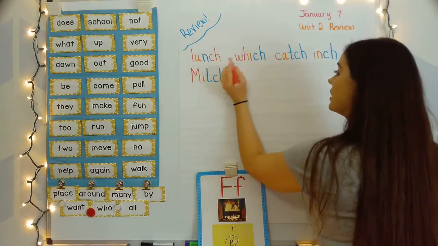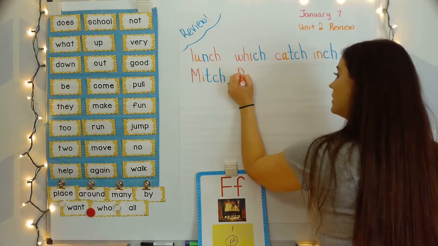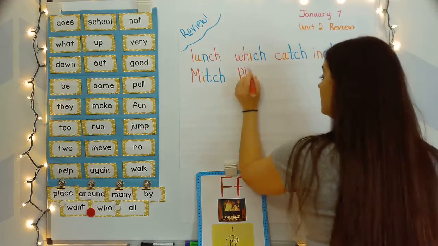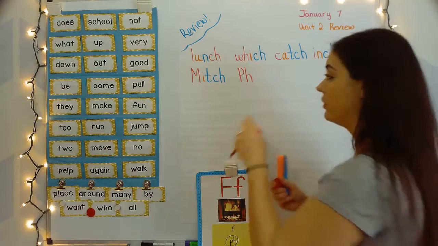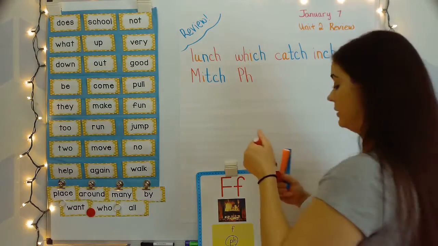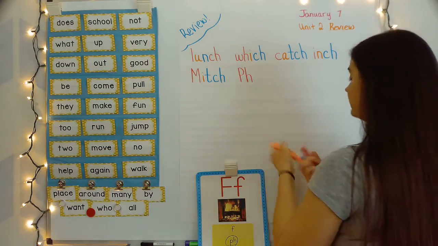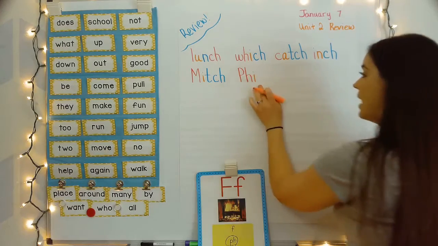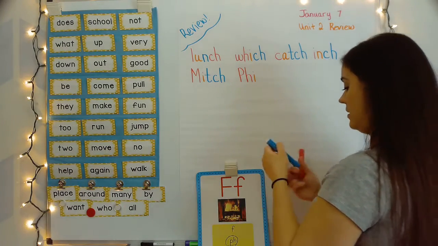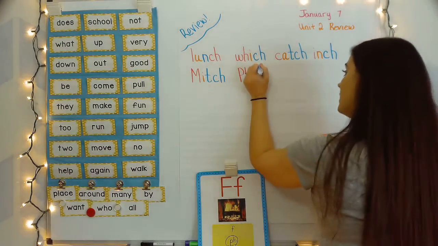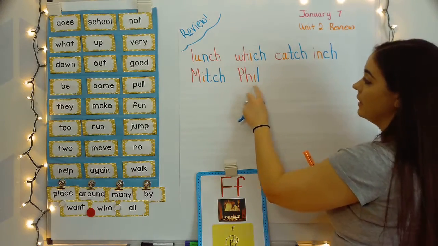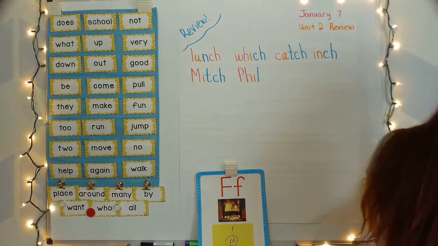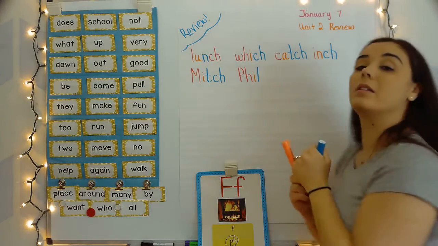So when P and H are together, they will not say pa or ha. They work together and they say F. So PH. Okay. I says i. L says l. Ill. Fill.